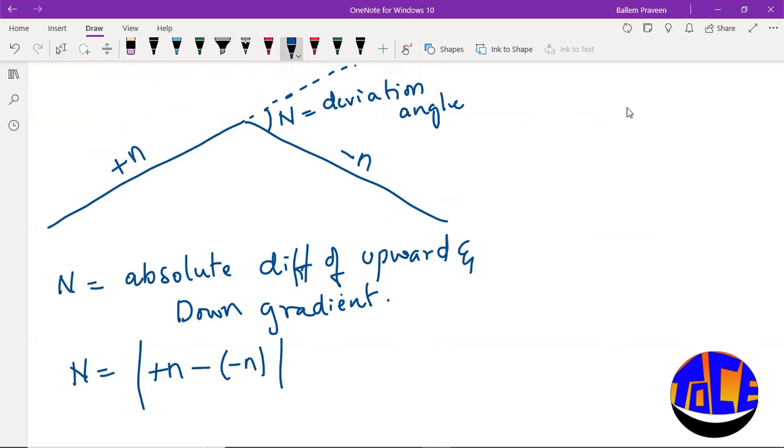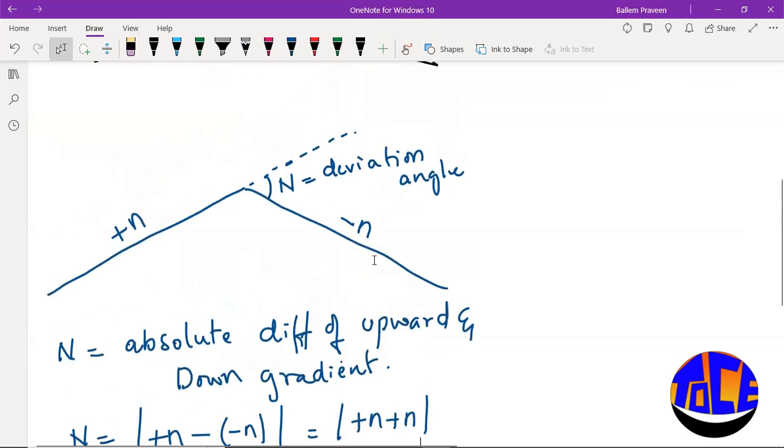Minus into minus will be plus. So plus n plus n. If an upward gradient is meeting a downward gradient, you can simply add both the gradients, and you will get the deviation angle or the difference in gradient.